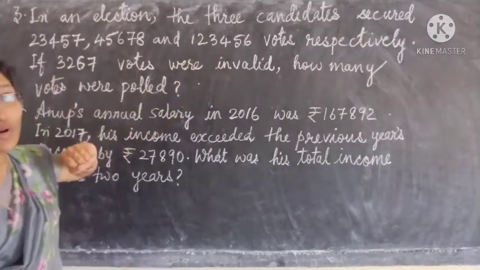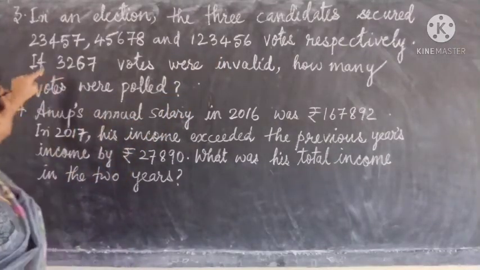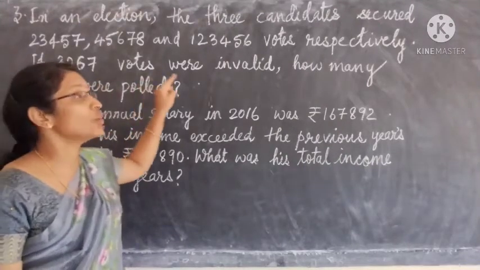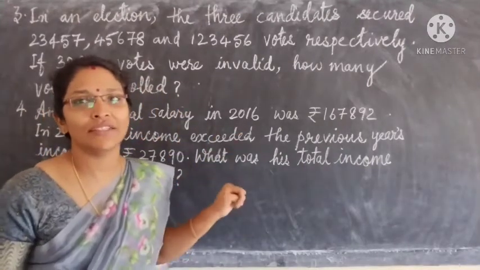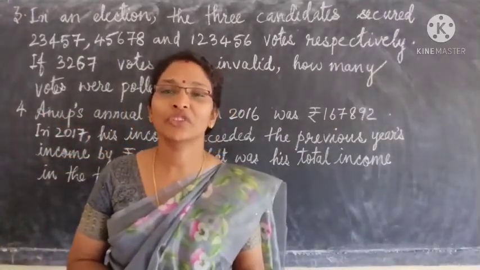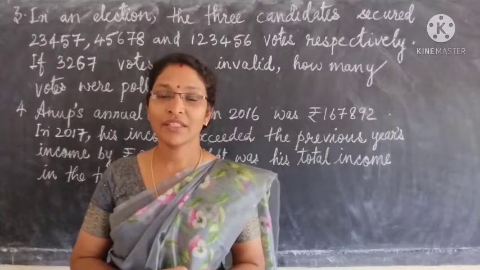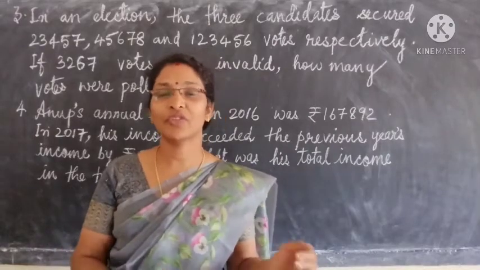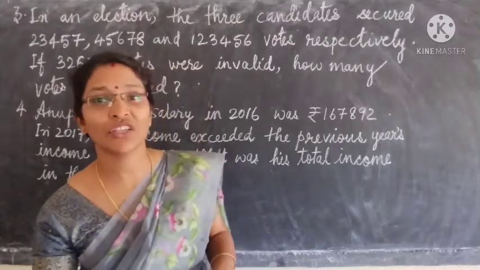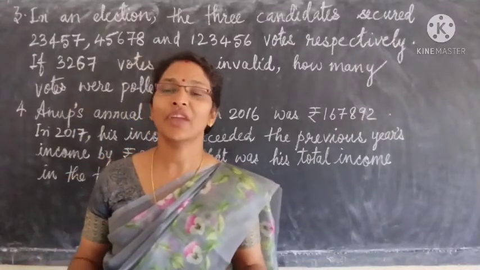And here some more votes are given. What are they? If 3,267 votes were invalid. Invalid means there is no value for those votes. Means it was not given to the first, second or third candidates. It was given in such a way it did not have any value.